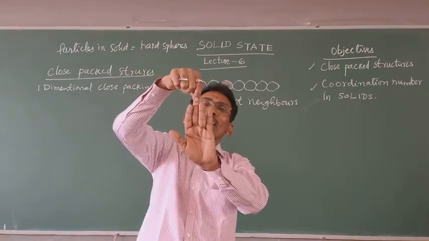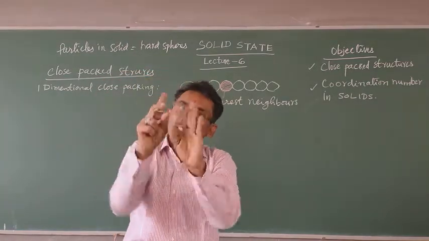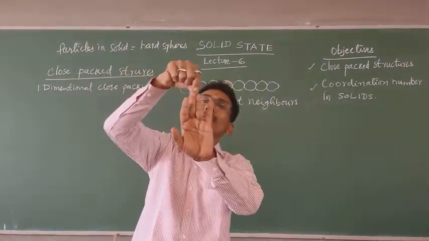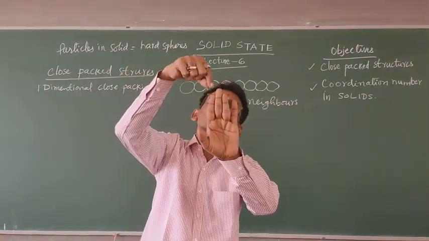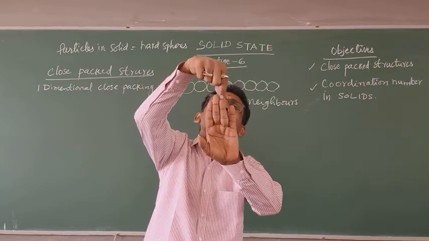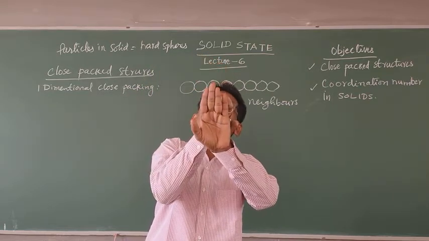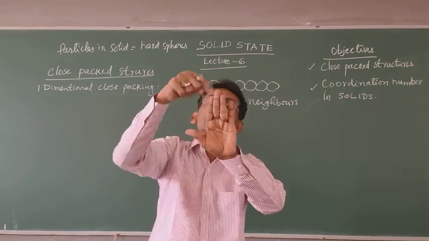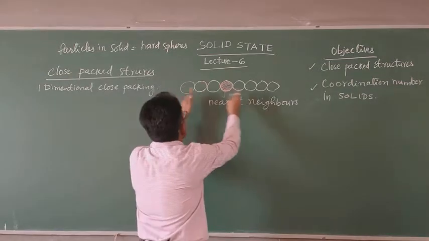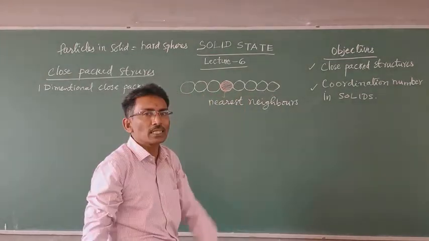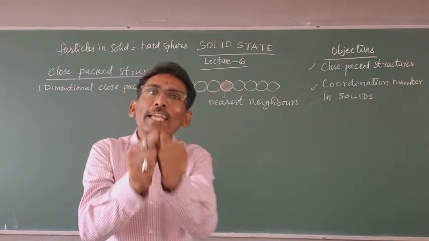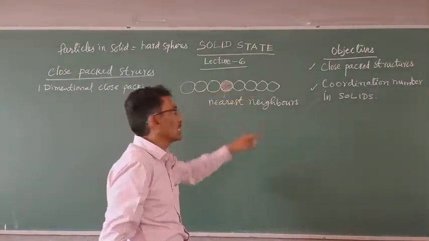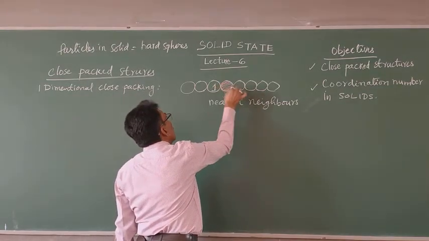This finger, which I selected, is adjacently attached to how many other fingers? This middle finger is immediately attached to the index finger and ring finger, but not directly attached to the little finger and thumb. Therefore, these are known as nearest neighbors. Even though many particles are there, 3 on the left-hand side, 4 on the right-hand side, they are not all directly in contact with the selected sphere. So this selected sphere is in contact with sphere 1 and sphere 2.